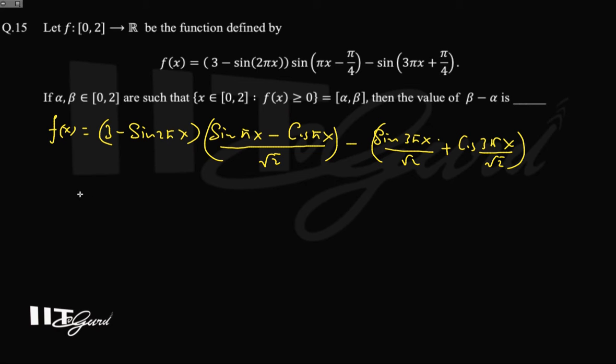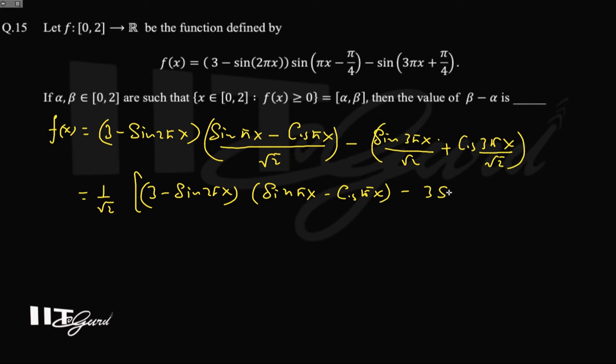Now open all of this and take out 1 by root 2 as common. Then 3 minus sine of 2 pi x, and then sine pi x minus cos pi x. And if you open the sine 3 theta and cos 3 theta formulas, that is 3 sine pi x minus 3 cos pi x.